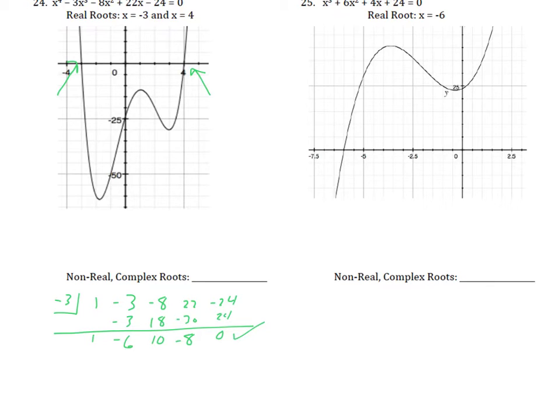Now, we just factored out the x plus 3. That is the factor associated with the zero, -3. We're going to go ahead and keep going and factor out the factor associated with 4.